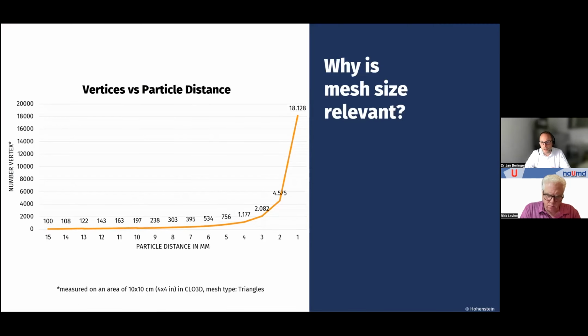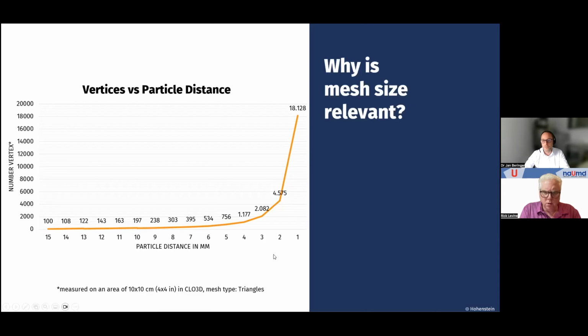I talked about the mesh size and the conflict with the computing time. It's basically the vertices versus the particle distance. The number of vertices, so basically the number of triangles, for example, and the particle distance: the smaller you make the particle distance, of course, the finer the mesh gets. And this means an increase in vertices.